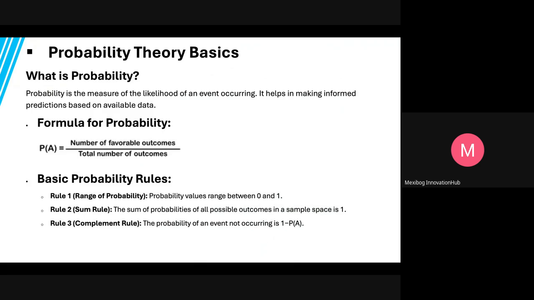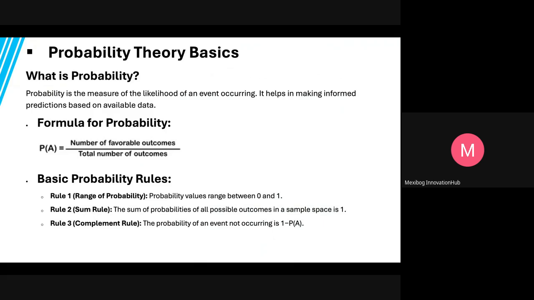The general formula for probability, represented by P, is the number of favorable outcomes divided by the total number of outcomes.